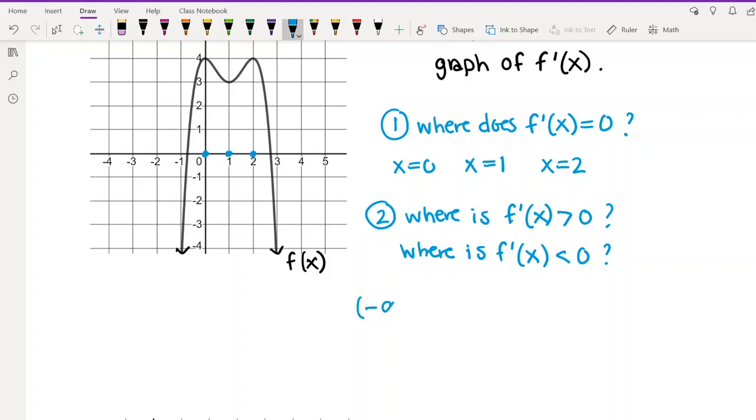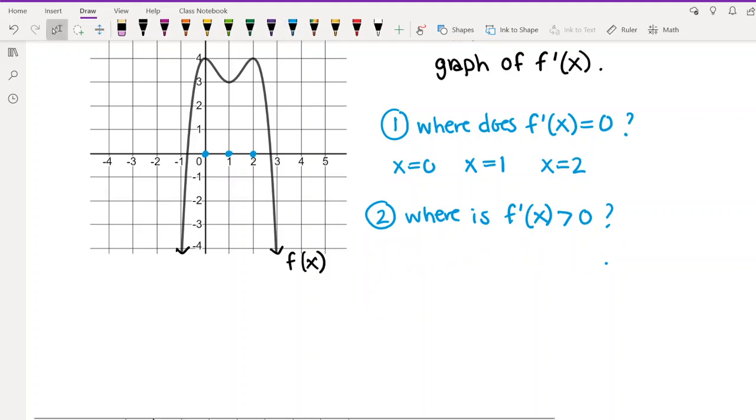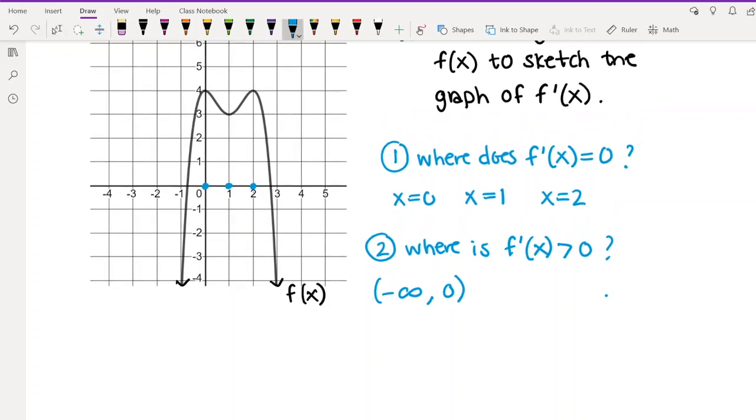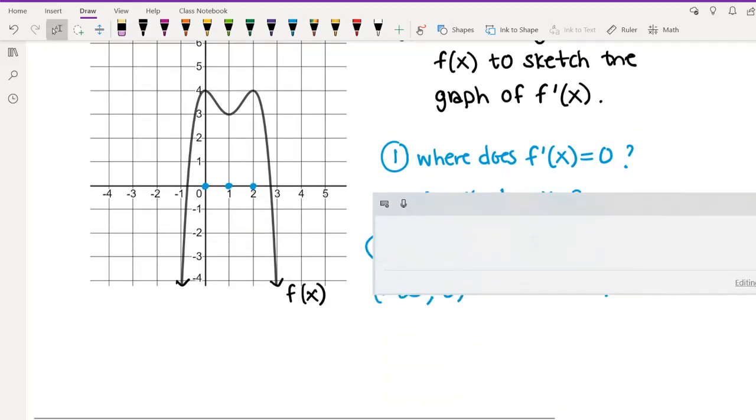So the first interval where the derivative is going to be positive is from, I didn't really think this through. Let me do it like this. So where is the derivative positive? Well, we saw from negative infinity until 0. Where else is the derivative going to be positive? Well, the next part of the graph that's increasing is from 1 to 2, right?